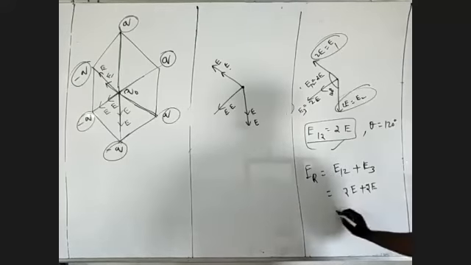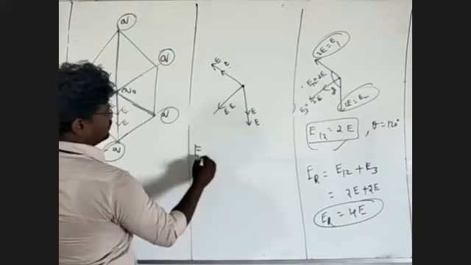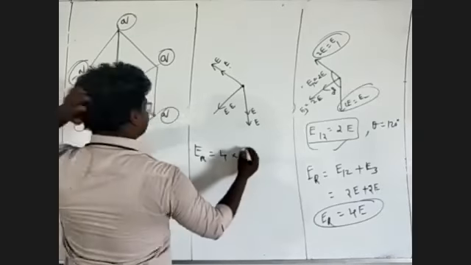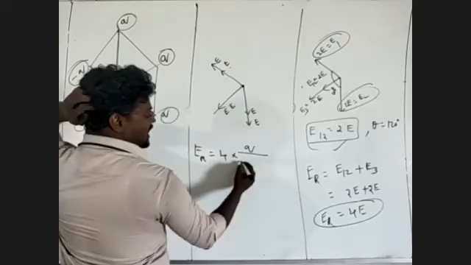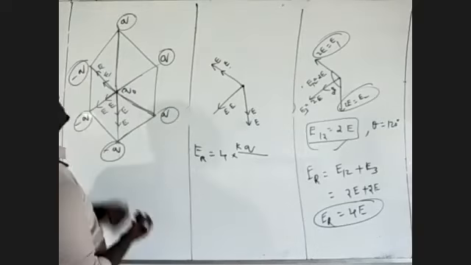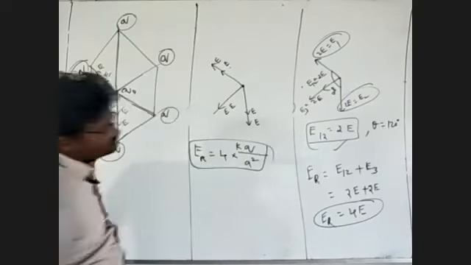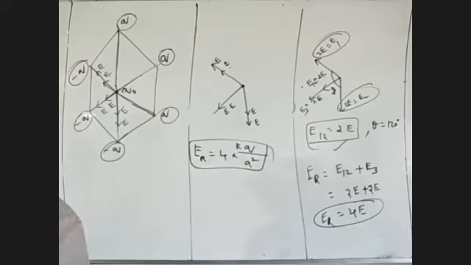This is 4E, this is the resultant. ER is equal to 4E, meaning KQ by distance between any charge, that is a square. That is your answer.